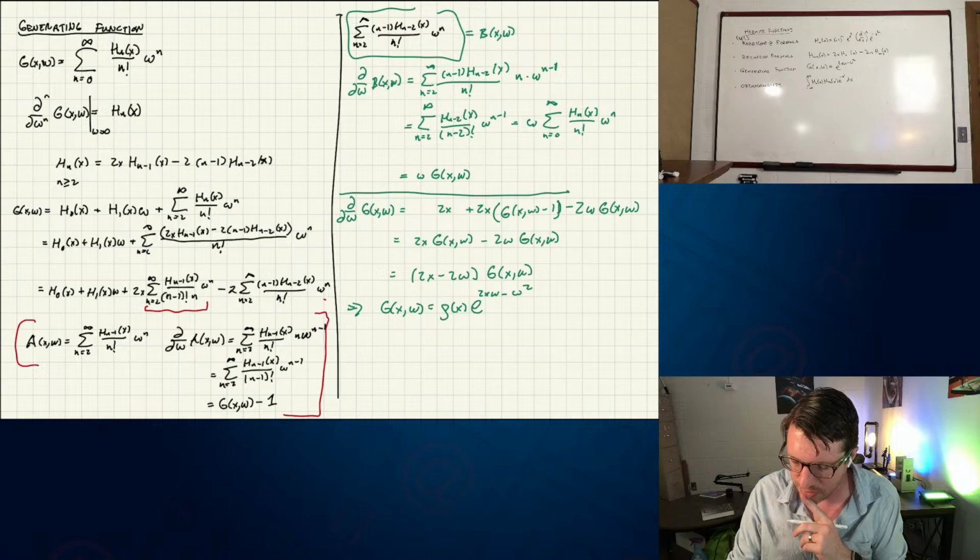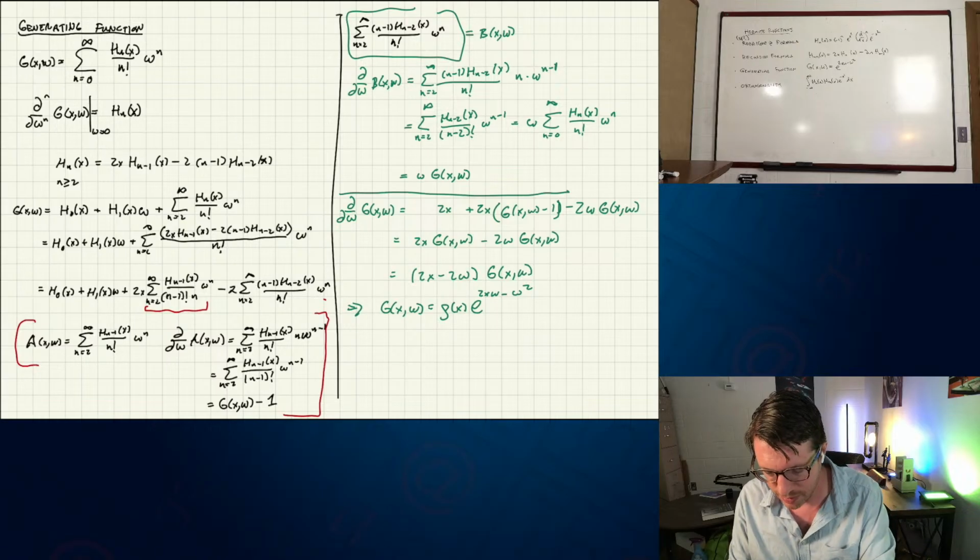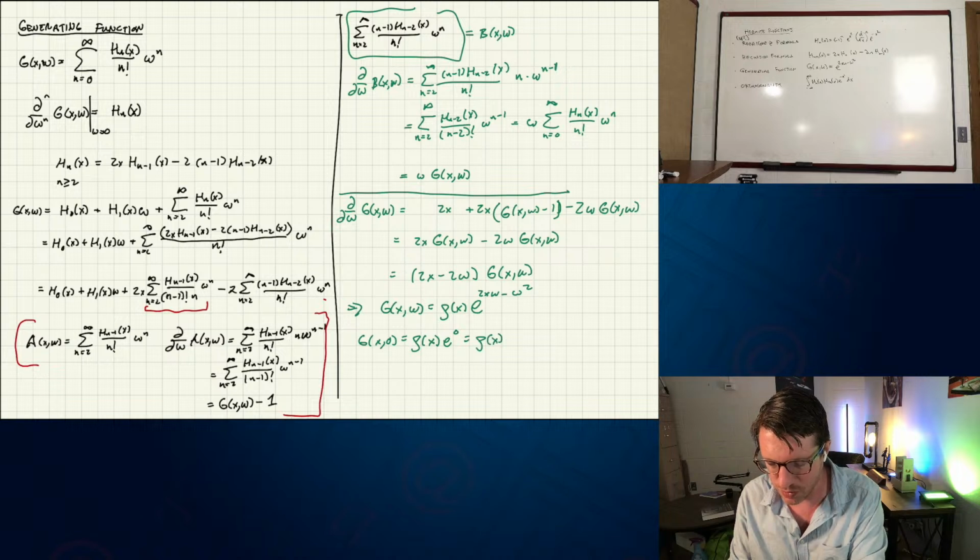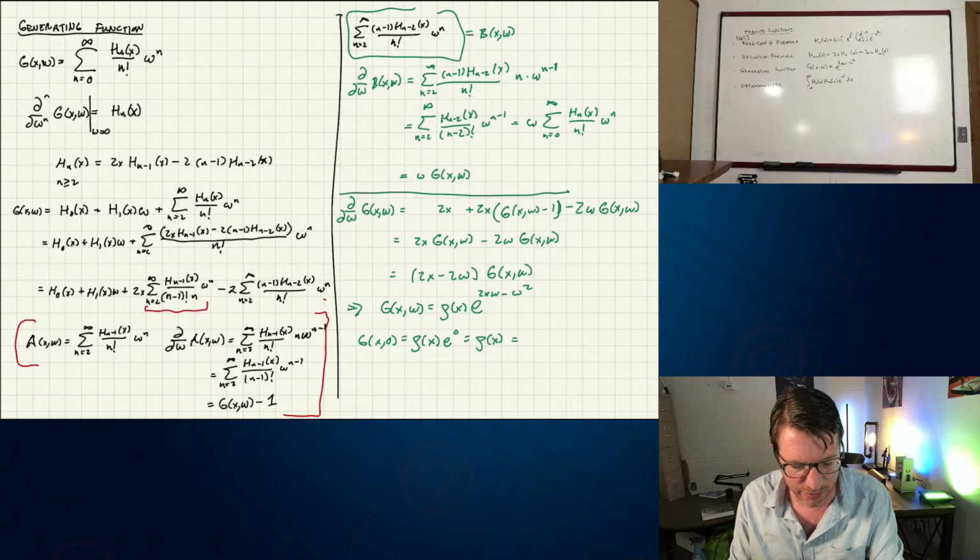And then you could say, all right, well, what is rho of x? Well, what I can do is I can go ahead and set w to 0 in g and see what we should get. And so it's going to just leave rho of x times e to the 0. And so then it leaves us with rho of x. And we know, on the other hand, that it's just going to be giving us the 0th term because all of the w's are attached to everything else.